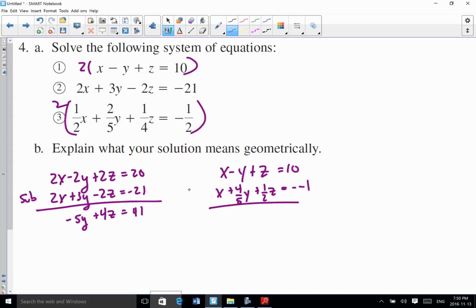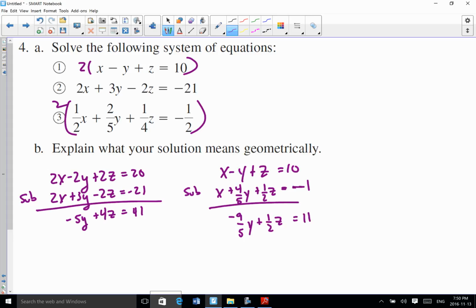Okay, again, our x's are the same, so we can subtract. Negative 1y minus 4/5 y comes out to negative 5/5 y. If you want to work with decimals here, I suppose you can. Nothing wrong with decimals. Z minus 1/2 makes 1/2 z, and 10 minus negative 1 is 11.